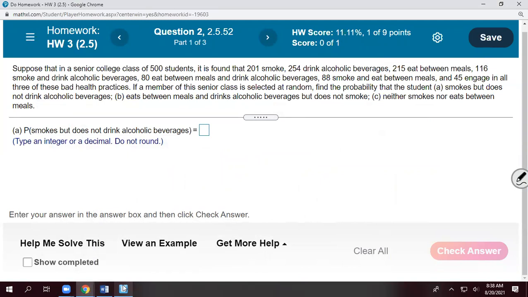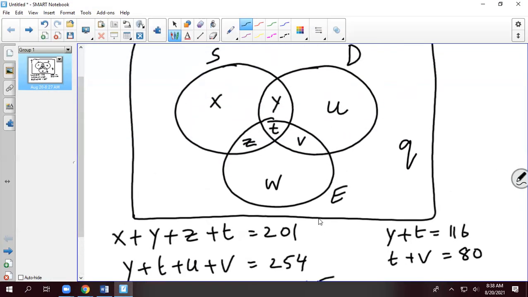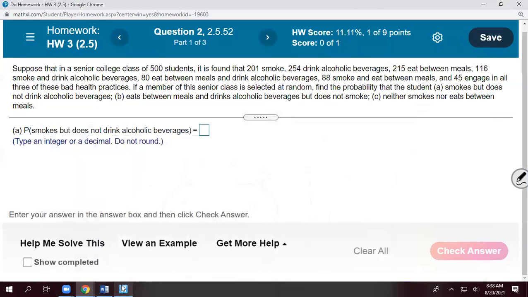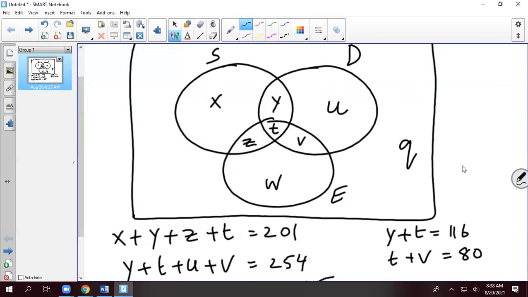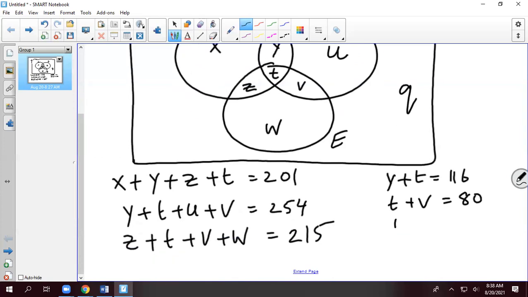And 88 smoke and eat between meals. The common part is Z and T, so T plus Z is equal to 88.